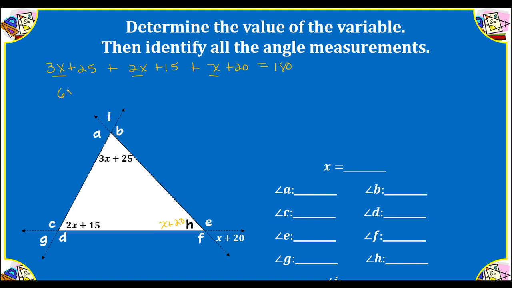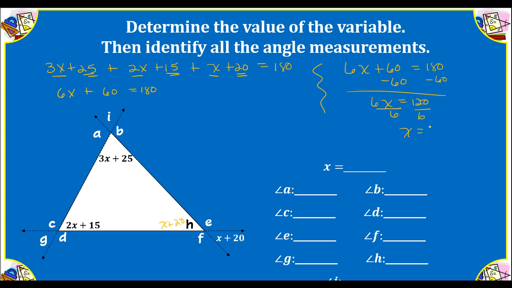That gives me 6x plus, so this is going to be 40 and 20, that's 60. Carry this over here. Subtract out the 60, and x is 20.